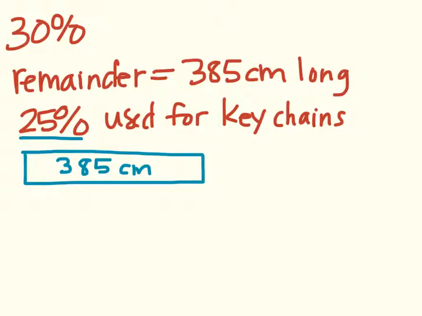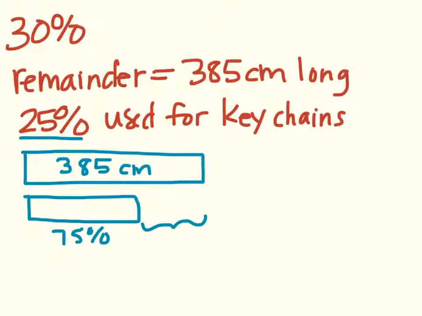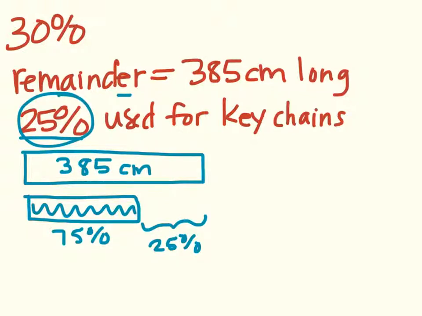So this represents 100%, so we have two segments left, one that represents 75% and one that represents 25%. We want to know the value of this piece, right? Because we want to know how much is left after we make the keychains, and we use 25% of the remainder, or 25% of 385 centimeters, to make the keychains.